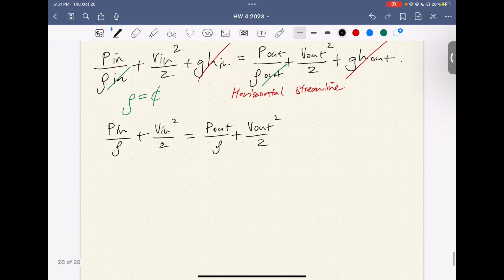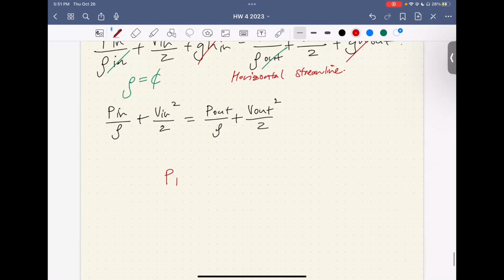What are we solving for again? We are solving for P out, right? Why? Because we need to find P1C, P2C, and P3C, right? And we are given P1. We know P1 before the catheter is inserted, okay?